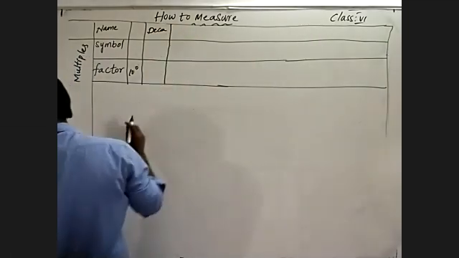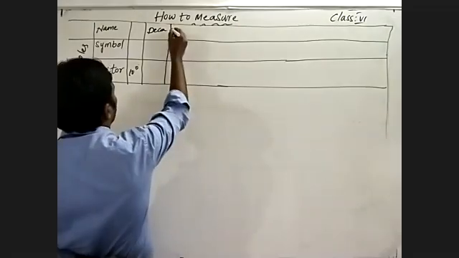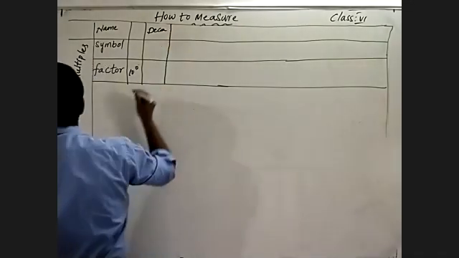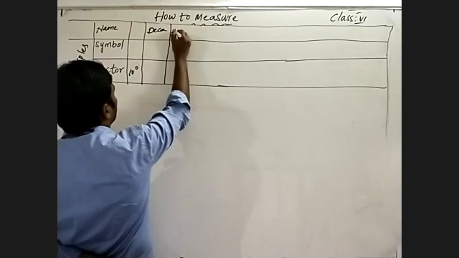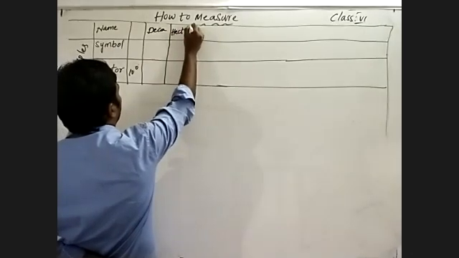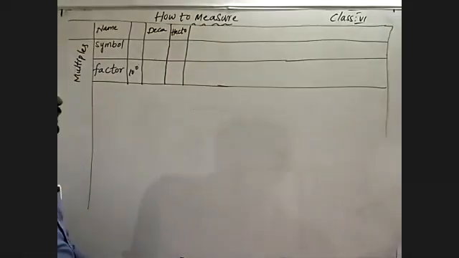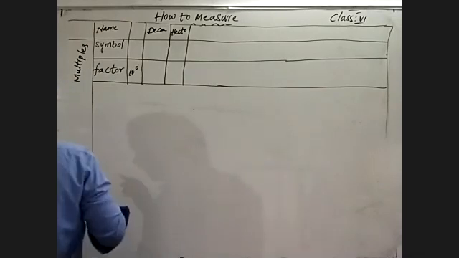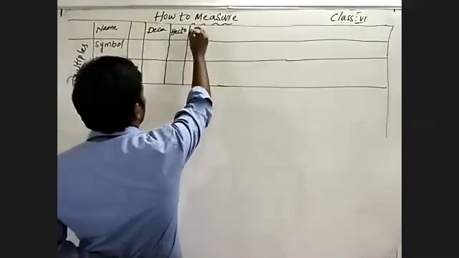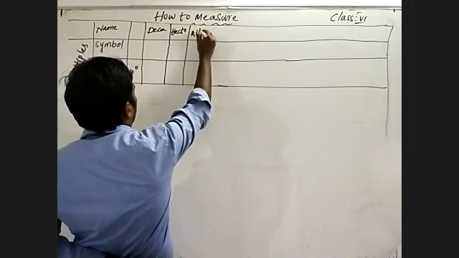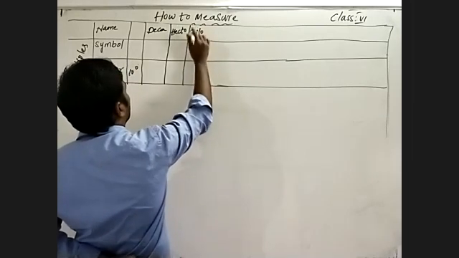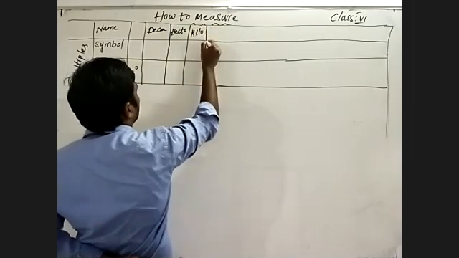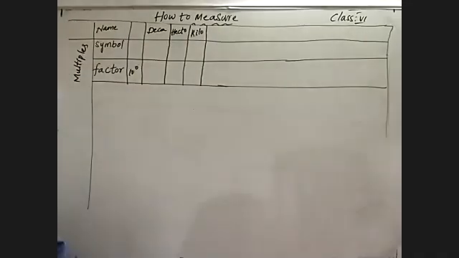And hecto. Of course, we learned this already, but we learn some more from this. Hecto and kilo. Is it visible and clear?